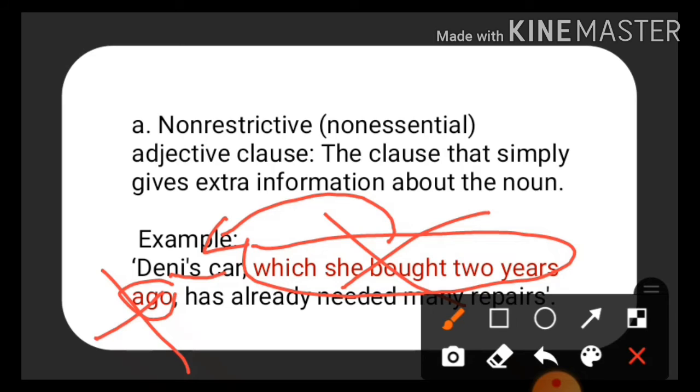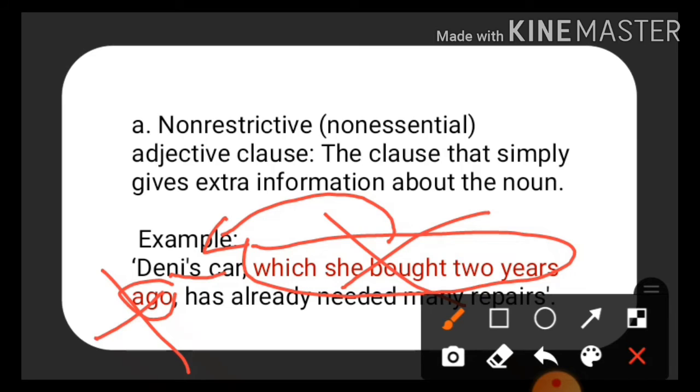Danny's car, mobilnya Danny. Kita udah tahu mobilnya siapa, itu mobilnya Danny, tanpa harus ada yang dia beli 2 tahun yang lalu. Itu tuh nggak penting gitu. Itu hanya memberikan informasi tambahan. Makanya disebut dengan non-essential adjective clause. Okay, I hope you can understand it.